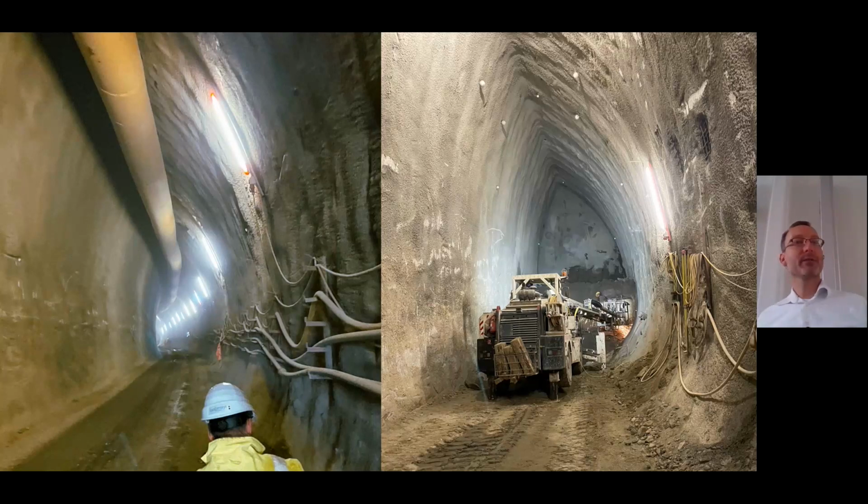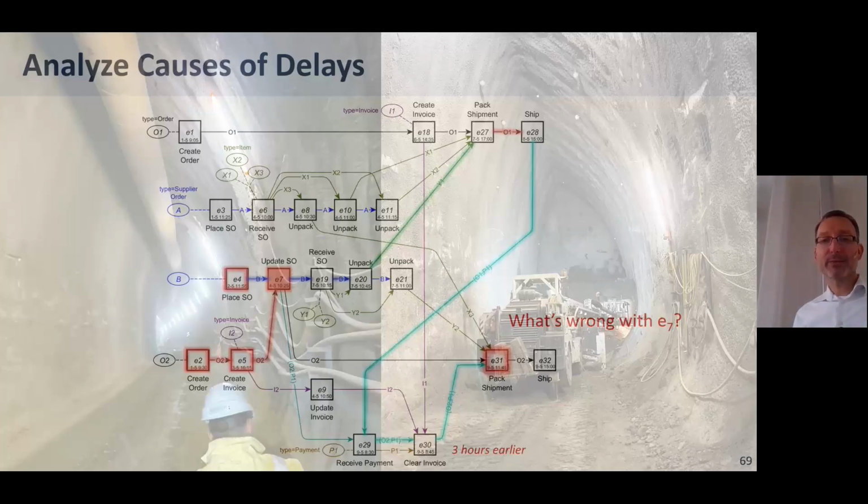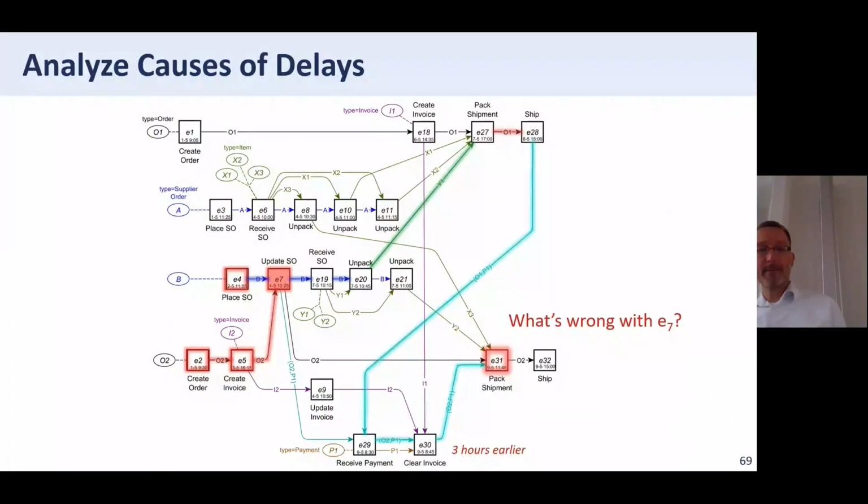What you have to think about is: what are the tools people are using? When are they doing certain things in this space-time context there in this tunnel? And then you think of, okay, who is using which tool at which spot? And we're actually going to do this now also for this process that we just looked at to understand what was wrong with E7.